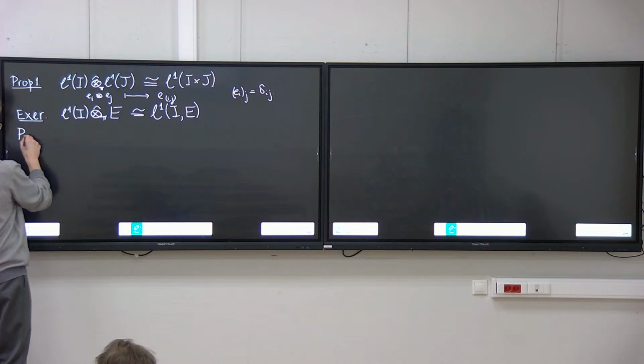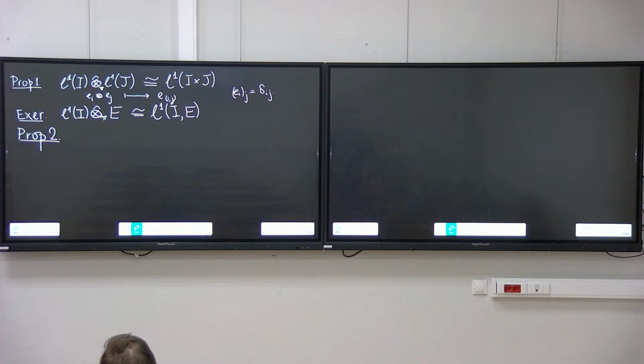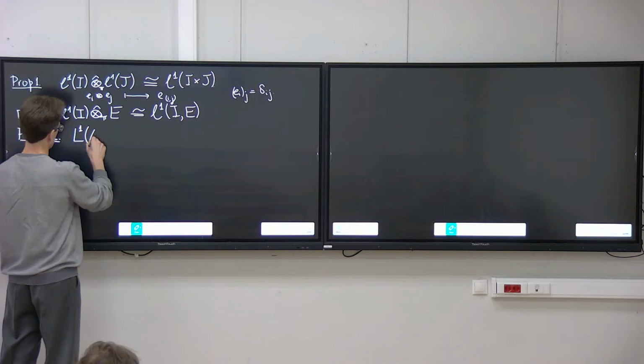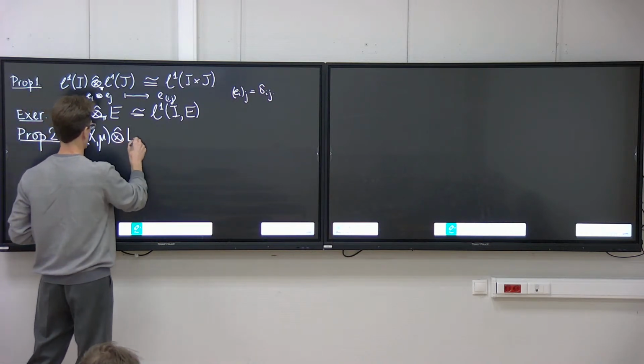Another generalization of proposition 1 was about the big L1 spaces. You have two big L1 spaces on measure spaces (X, mu) and (Y, nu).